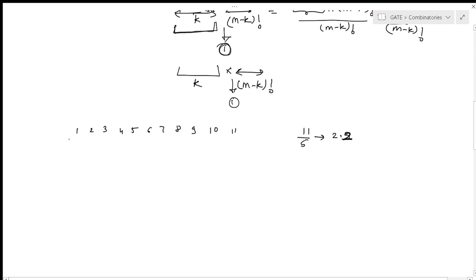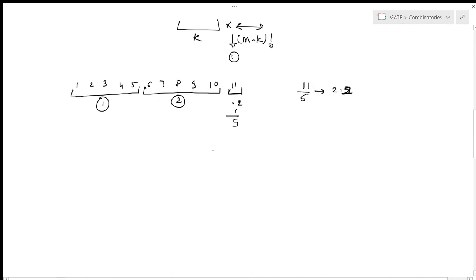What it means is that I took the first 5 elements, and I was successful in taking all of them. I took the next 5 elements, and I was successful in taking them, but I was not successful in taking the last one. So it is represented with a fraction: out of 5, I was able to take only one element. Did you get this? That is the intuition behind how division works.